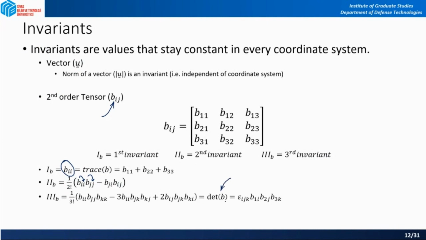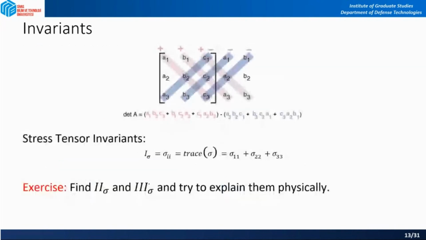And the determinant is defined by epsilon ijk, b1i, b2j, b3k. So this is a fancy formula, but you know the determinant of a 3 by 3 matrix, and you can obtain it in different ways, like the rule of Sarrus. You could calculate the determinant of this, and the formula is given here to you.